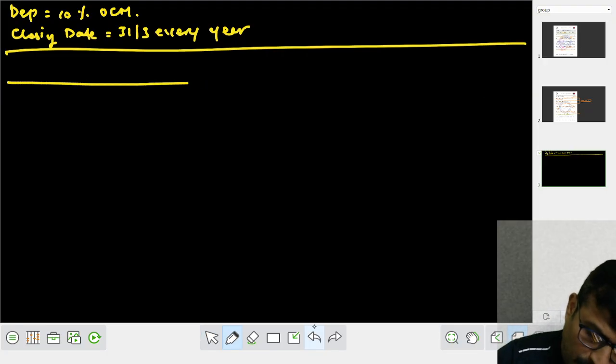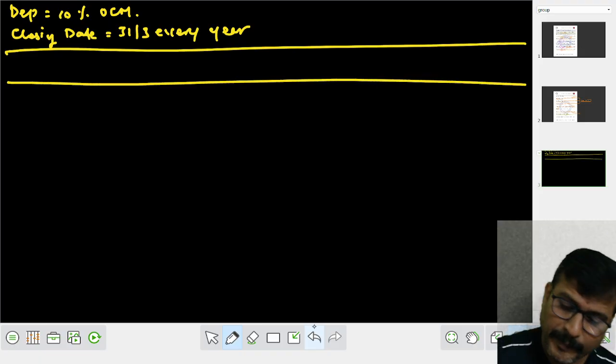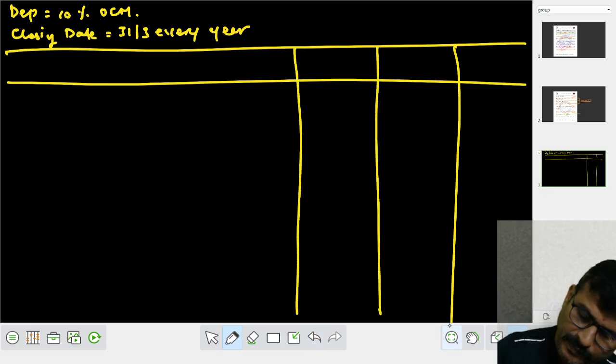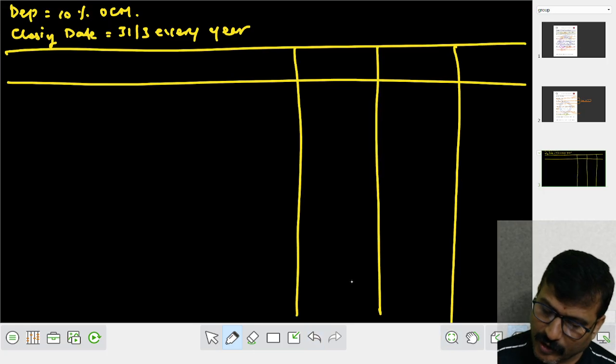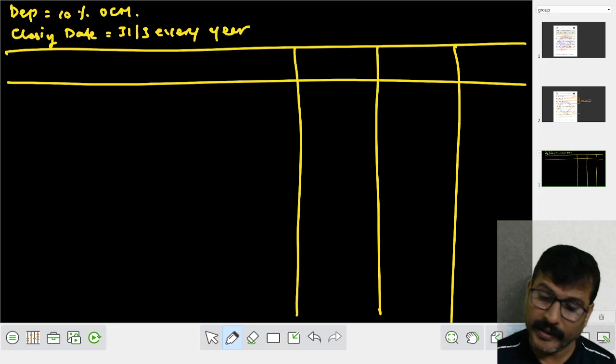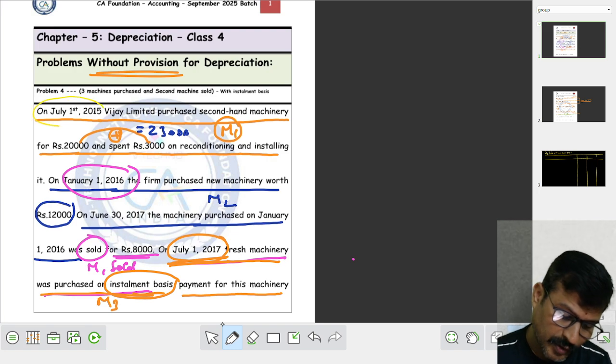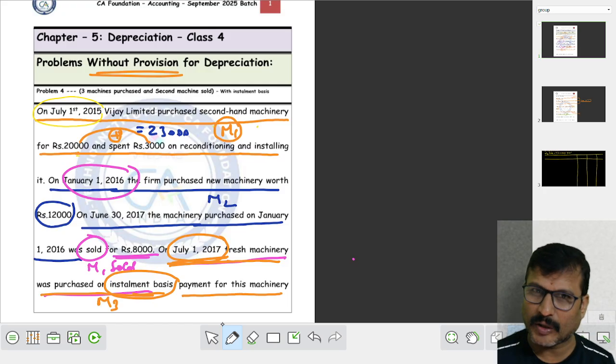How many machines you purchased? We purchased 3 machines, M1, M2, M3. Have a concentration, my dear children, regarding what happened. On 1st July 2015, the second hand machine is purchased, 20,000 cost, 3,000 installment.